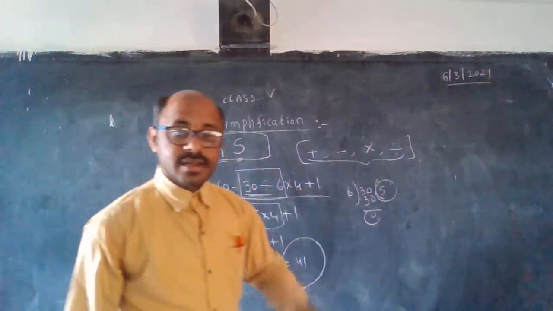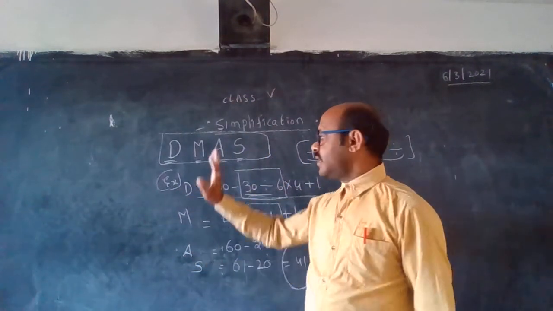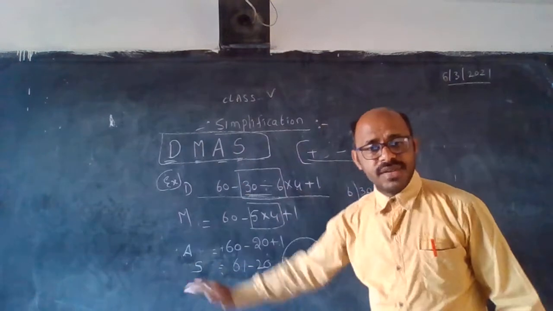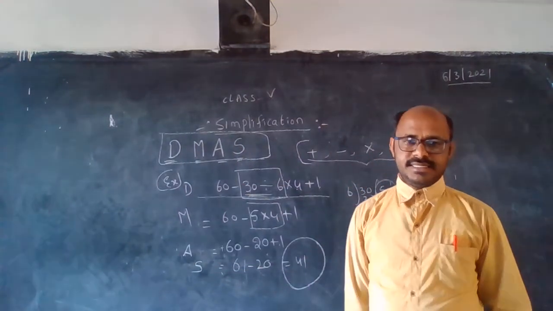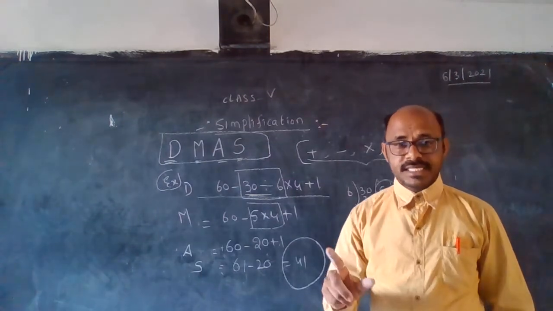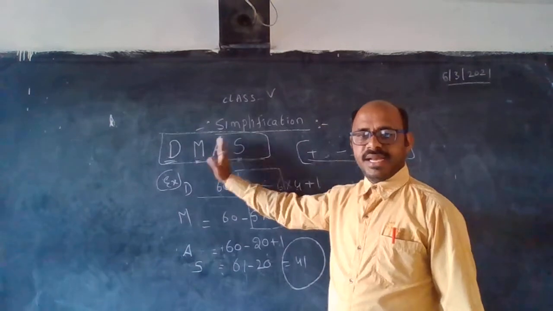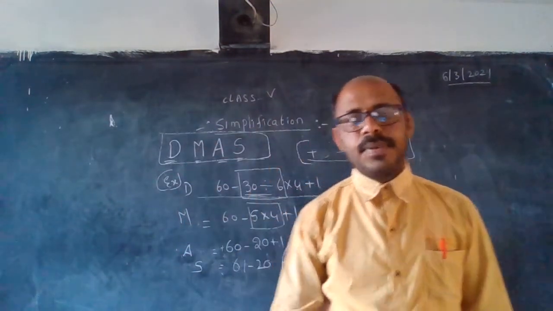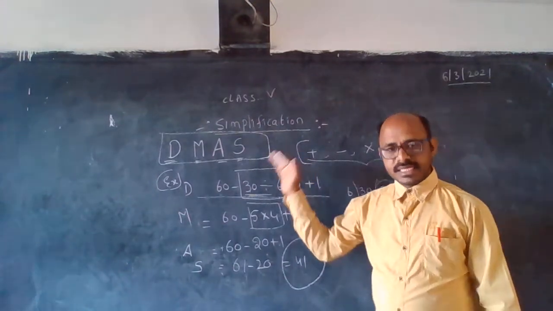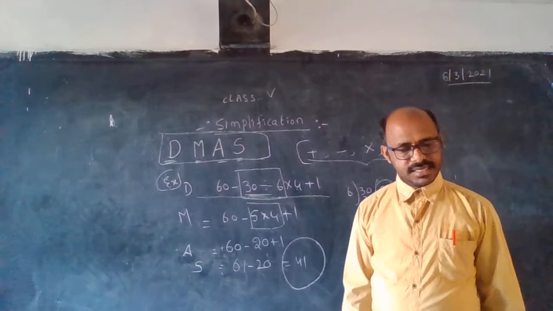If you remember this in simplification, you will get it easily. What is that one? DMAS. DMAS means what? First division, multiplication, addition and subtraction. All these methods we will apply in the question. In simplifications, you will easily get the answer.